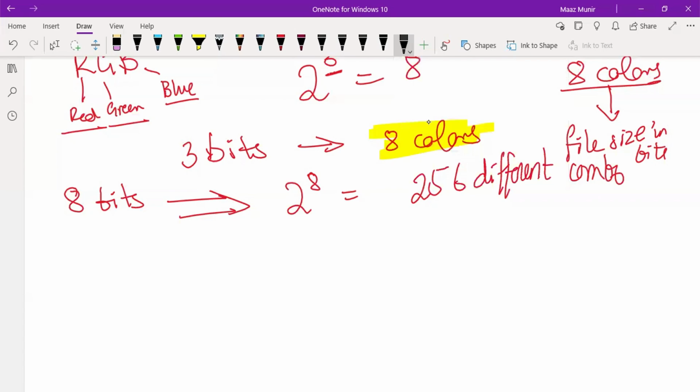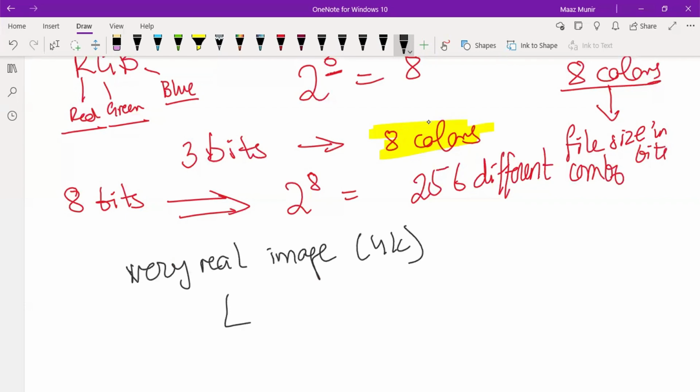This is something which would be a bit confusing, but I hope I clarified it in the right manner. And now let's say we want to represent a very real image, such as these 4K images. How do I get to know how many bits they are? Basically, a very real image usually requires 3 bytes. Each byte for the 3 RGB: 1 byte for this, one for this, one for this.